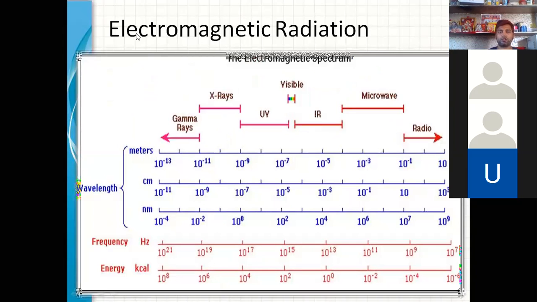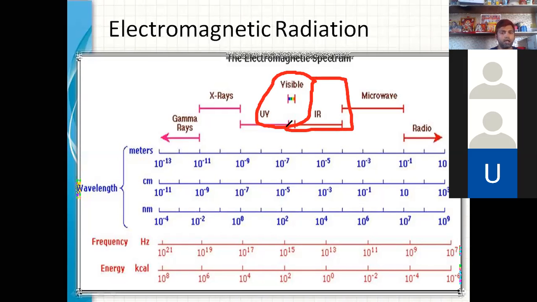So this is our electromagnetic radiation or electromagnetic spectrum. We are concerned mainly with these two things: the UV visible and IR region.